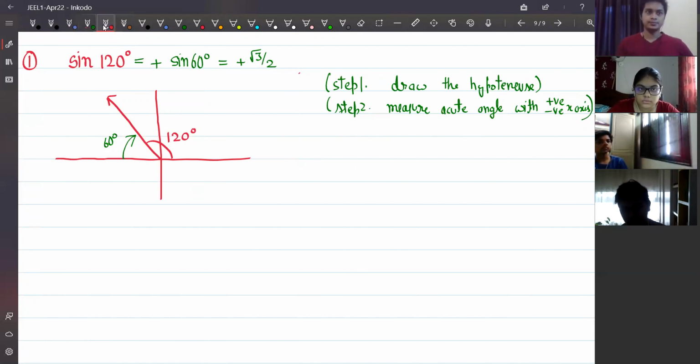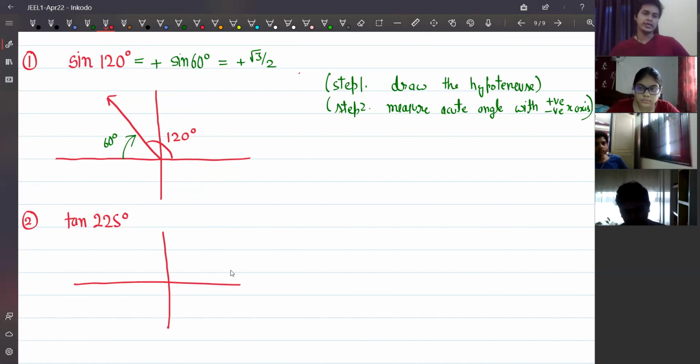I'll take another example. Suppose I have to find tan 225. 225 is greater than 180, so it will come in the third quadrant. 225 is 180 plus 45.